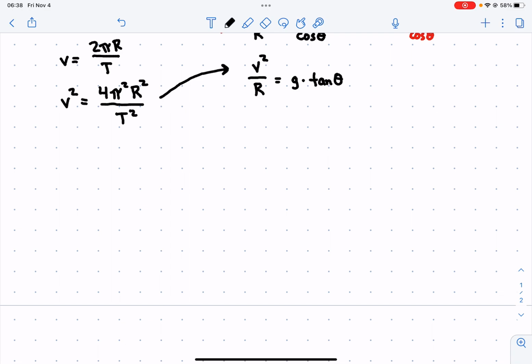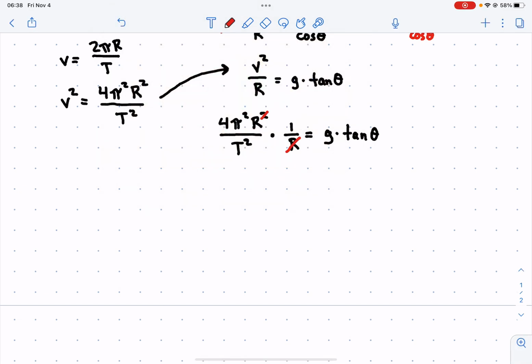So we have 4 pi squared r squared divided by the period squared, multiplied by 1 over r. I'm just making my life look a little bit easier. That's going to equal g times the tangent of theta. Okay, we can go ahead and simplify this expression.